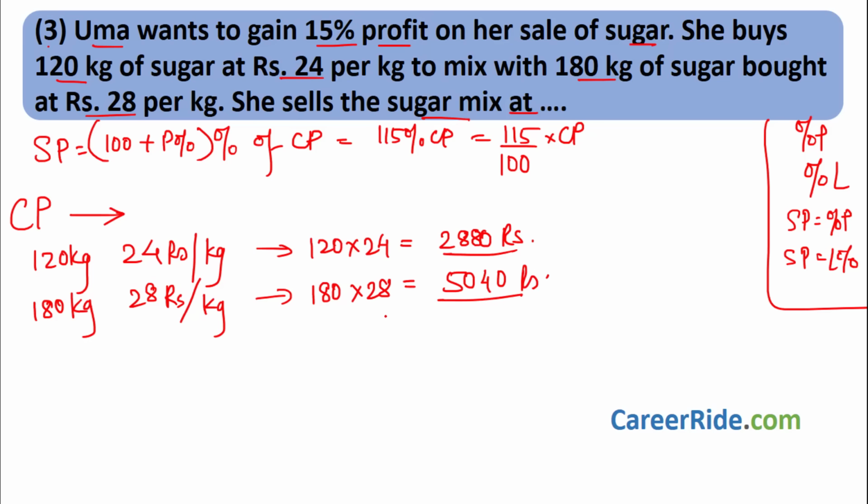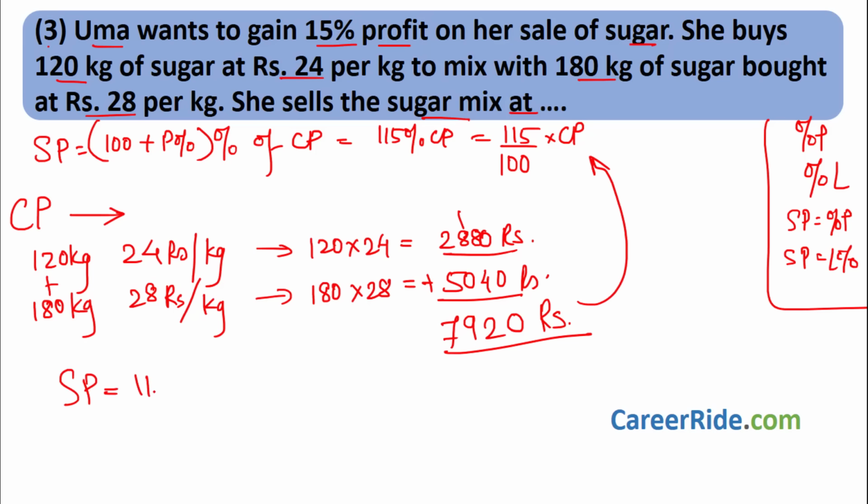Now, she mixed both of these, right? So what would be the total cost price? Simply addition: 8 plus 4 is 12, 8, 9, and 5 plus 2 is 7. 7920 rupees is the total cost price. Substitute this value over here and let's get the selling price. 115 upon 100 multiplied by 7920.